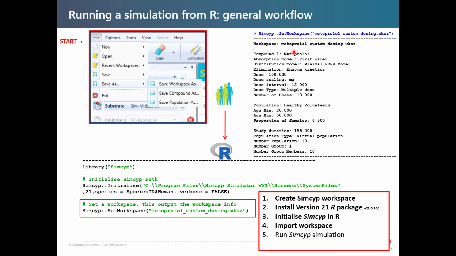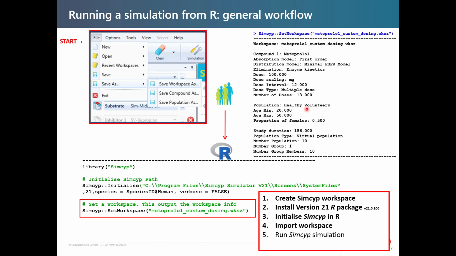So we can see for this workspace, the substrate was Metropolo, which uses first order absorption and minimal PBPK for the distribution model and enzyme kinetics for the elimination. And within this workspace, 100 milligrams was given to healthy volunteers between the age of 20 to 50 years old. So this can be used as an indication to make sure that you've imported the right workspace.